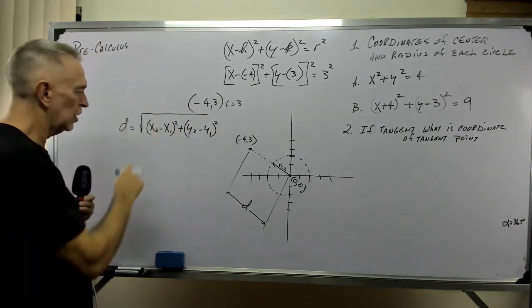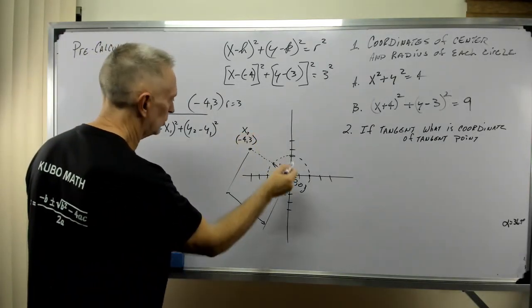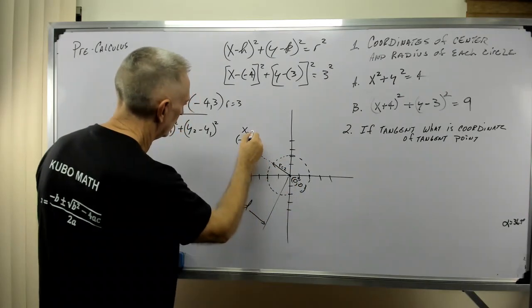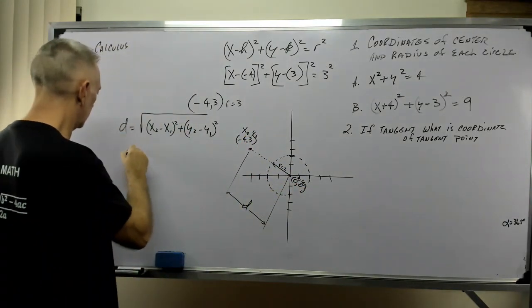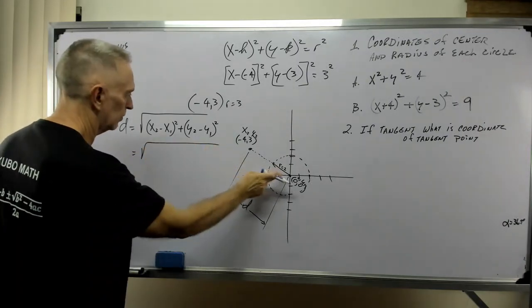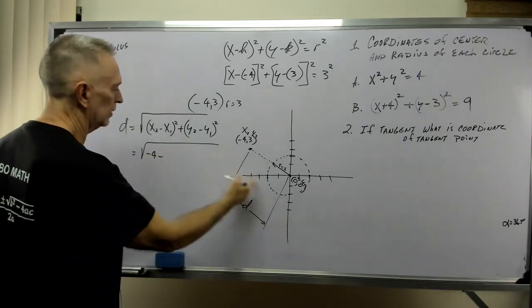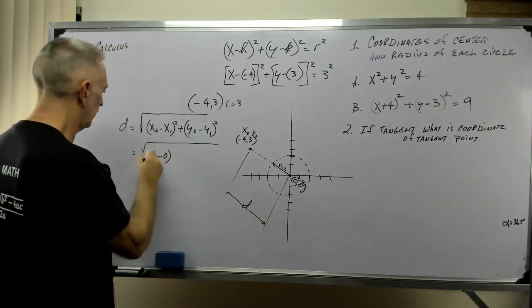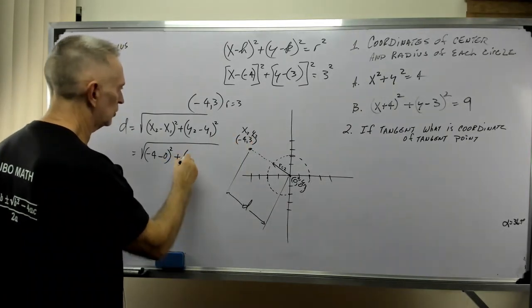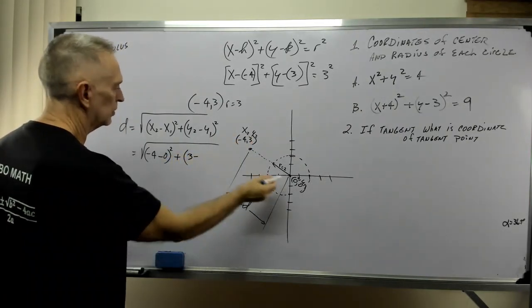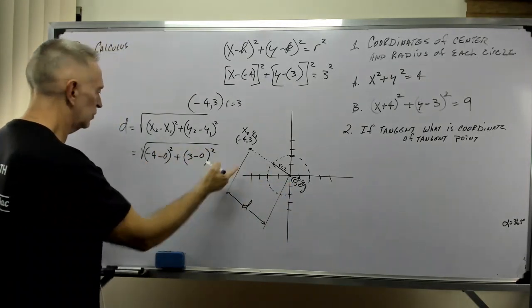Square root of that sum. Let me call this x sub 2, this x sub 1, this y sub 2, and this y sub 1.